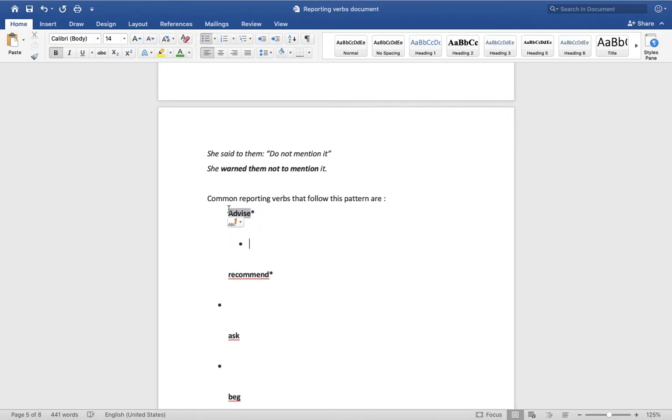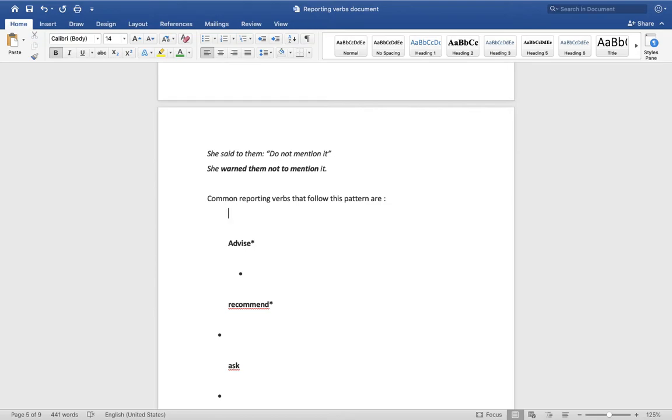Like this. Okay. So, common reporting verbs that follow this pattern are, and now you're supposed, as in the previous group, to complete with one example for each of the following reporting verbs, right? So you have for a start advise and recommend, and those two have an asterisk.